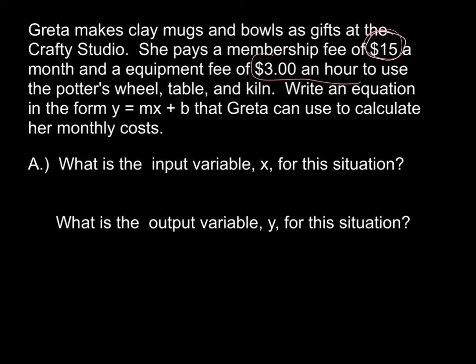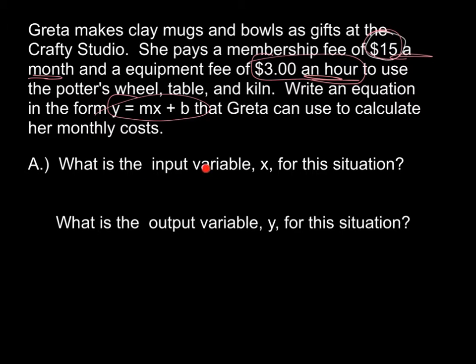You've got the $3 an hour. And you've got the equation form here. This is important information. It doesn't hurt to circle or underline stuff that might mean something. Now this $15 is a month, and this is in an hour. So just important things that we might need to go back to.